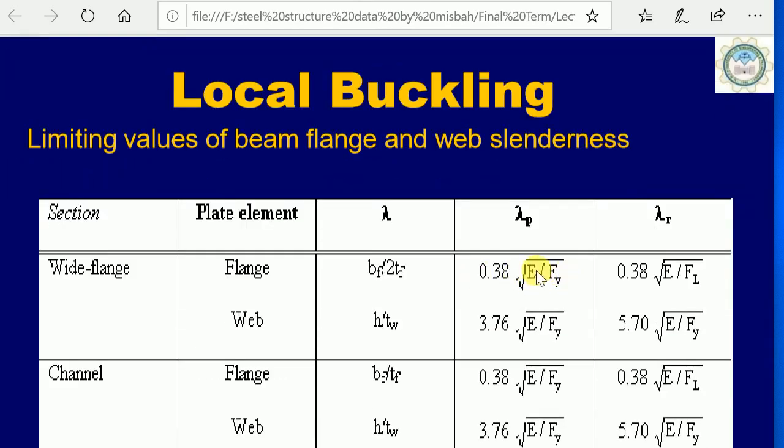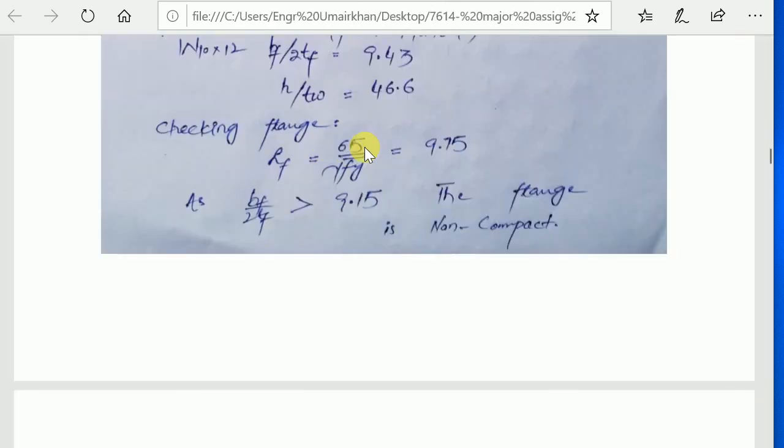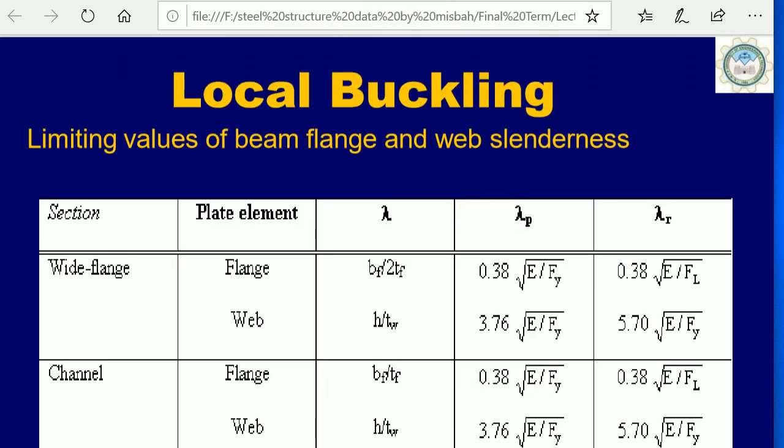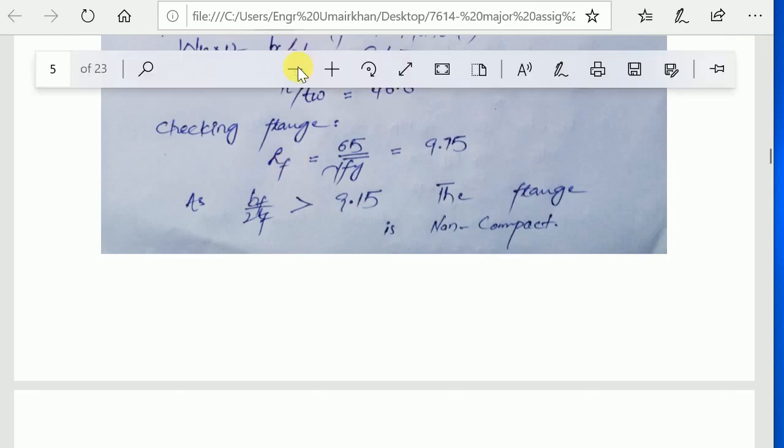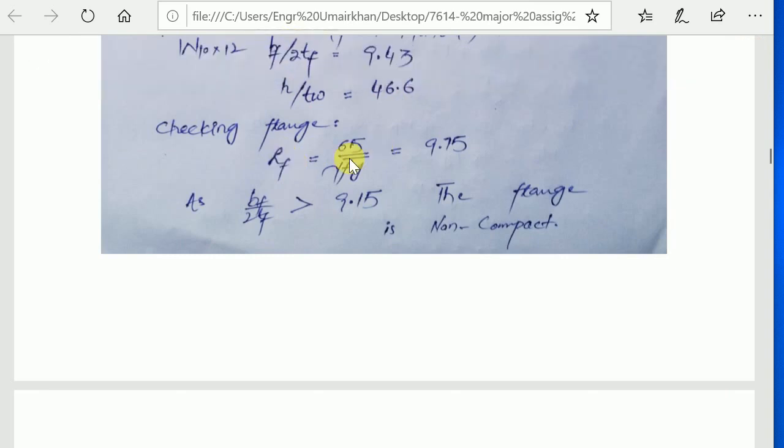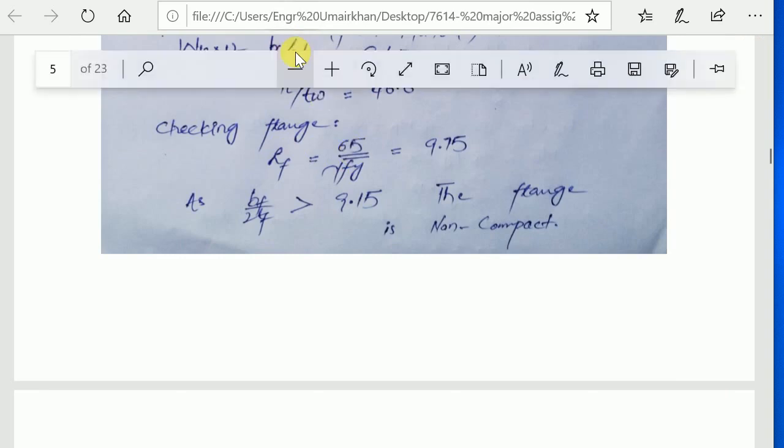Now I use 65 divided by root Fy. This is lambda p. Now I have to check this lambda p with this lambda. Clear? As lambda is more than lambda p, we are in the second zone, because our flange is non-compact.